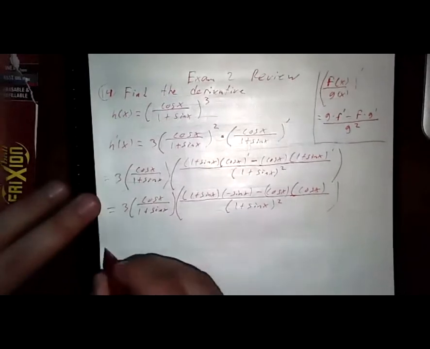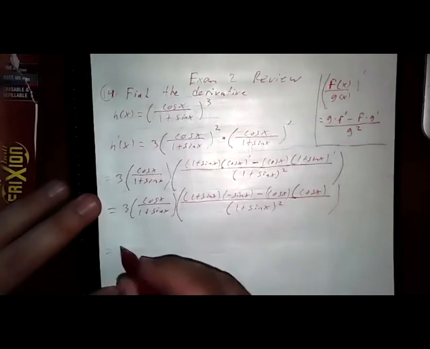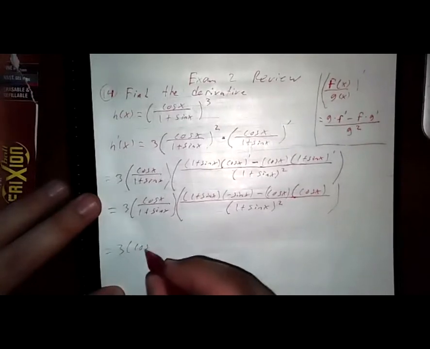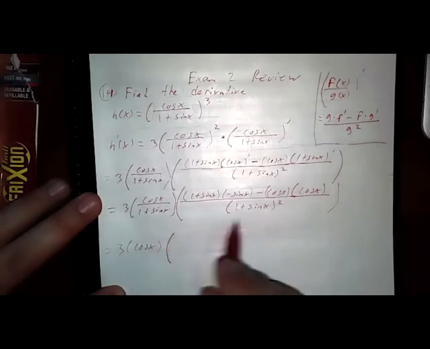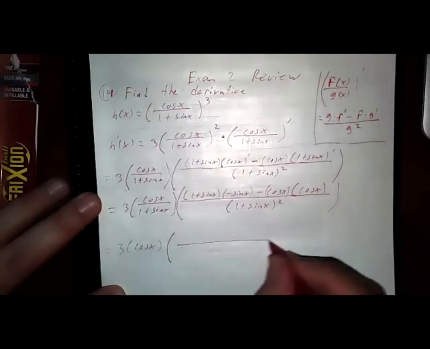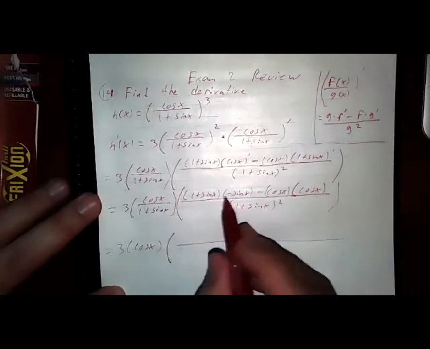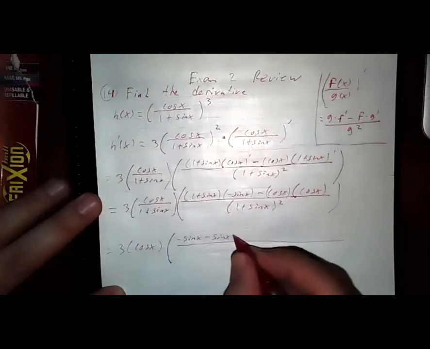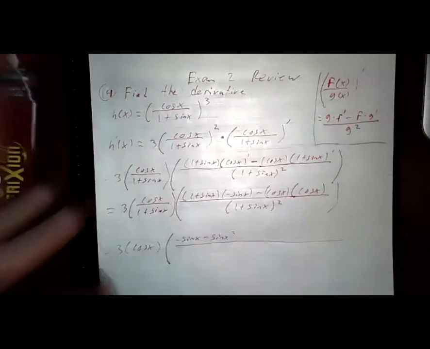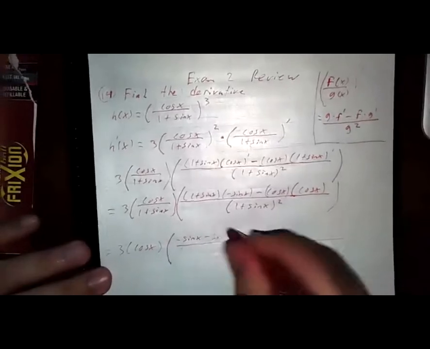All right, so I'm going to go ahead and do that on this step. Multiply this denominator in here. 1 plus sine, so distribute that, that'll be a negative sine x minus sine squared. Let me put the square over here, preferred.